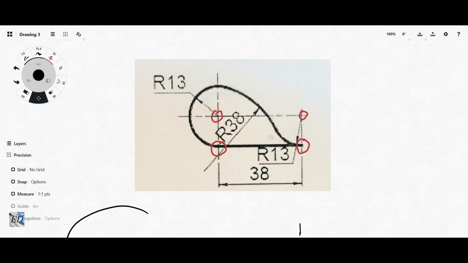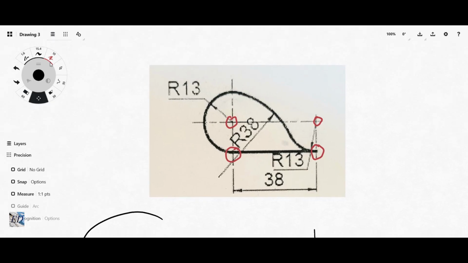Now this has a distinct property. We have an arc, and the relation between this and this arc here is different from the relation between this and this arc here.